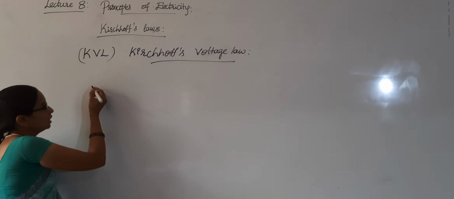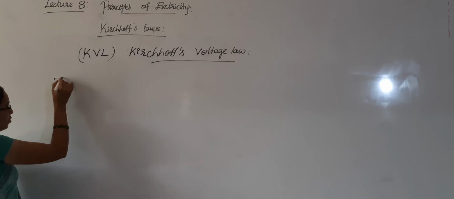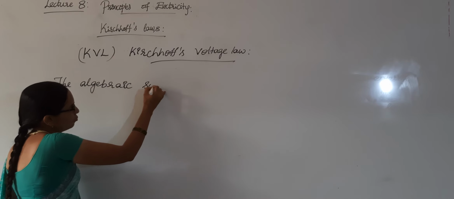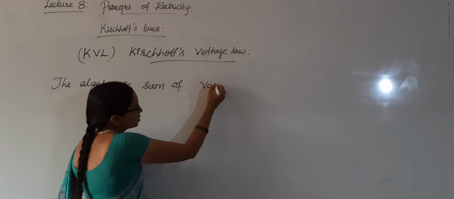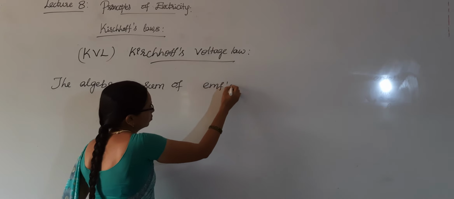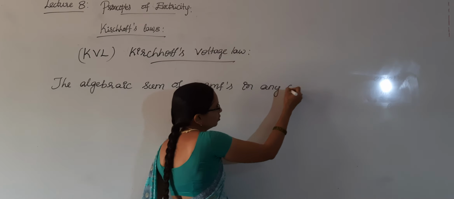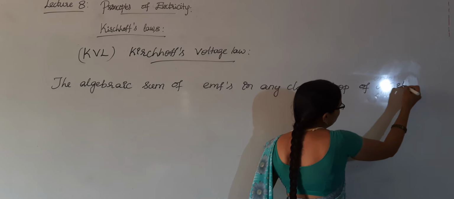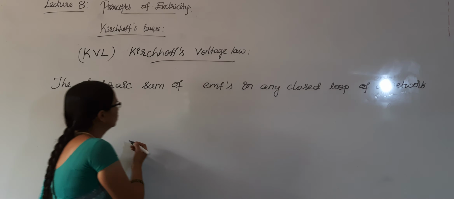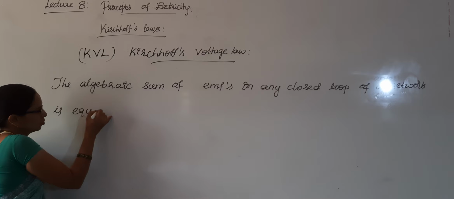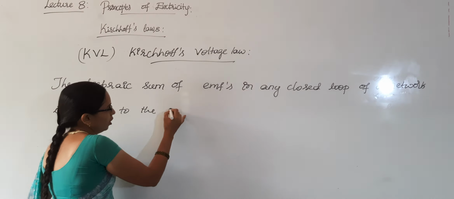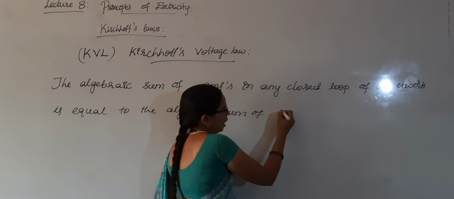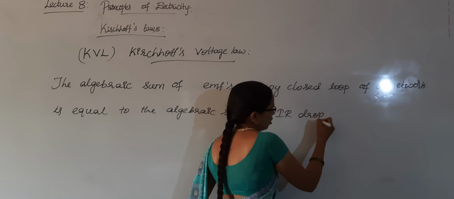Kirchhoff's voltage law tells us the algebraic sum of voltages or EMFs in any closed loop of a circuit or network is equal to the algebraic sum of IR drops in that loop.